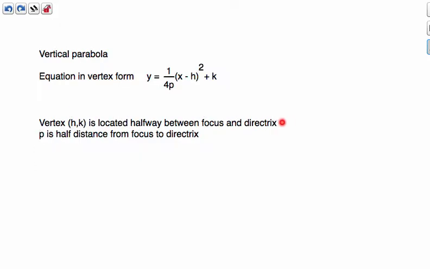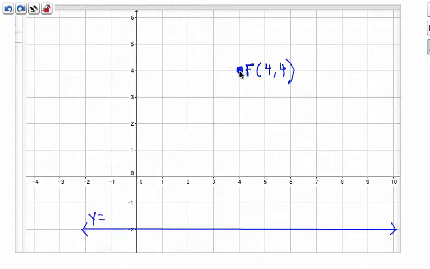The vertex lies on the same line that the focus lies on, and this line is called the axis of symmetry. So in this case, we have a focus and a directrix, which is a horizontal line, in a vertical parabola. So the axis of symmetry will be a vertical line.